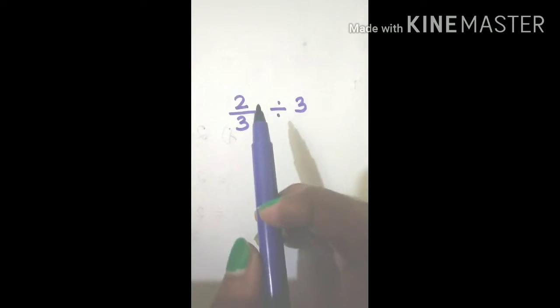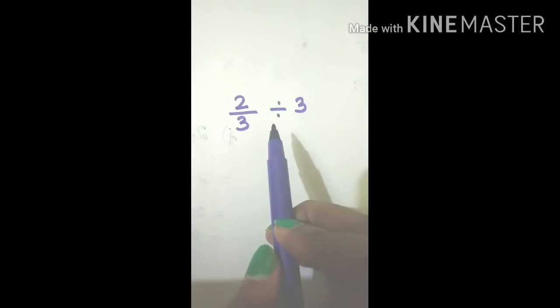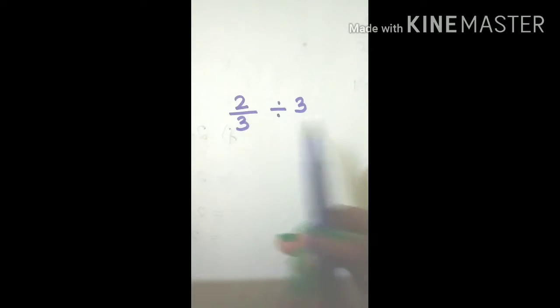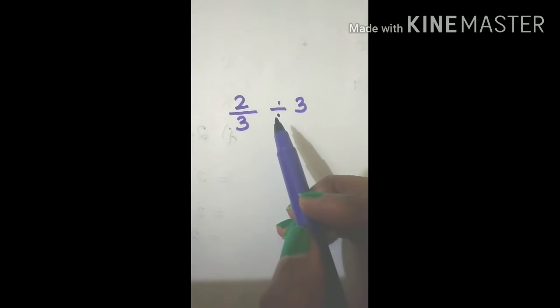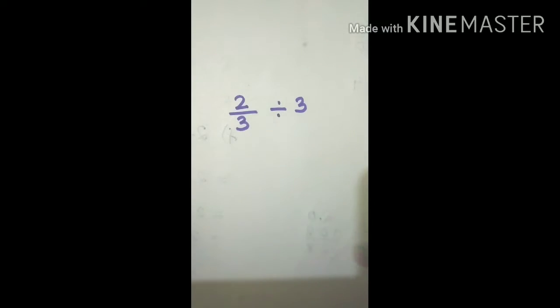Now, in order to divide the fraction with the whole number, we will first change this divide sign into multiply sign. Because if we don't change this divide sign into multiply sign, then it will be difficult for us. And if we change this divide into multiply, then it will become easy for us to solve this question.